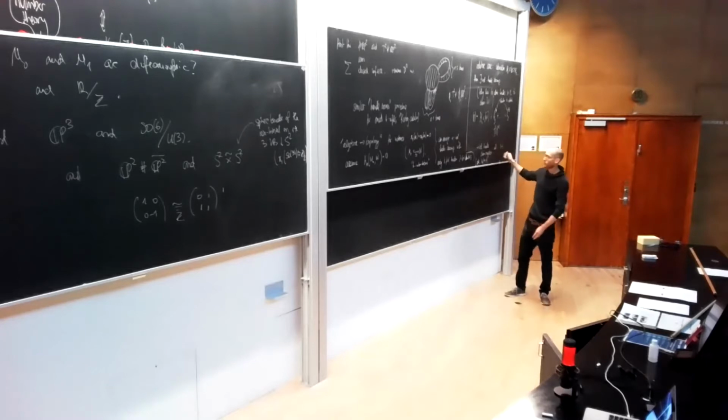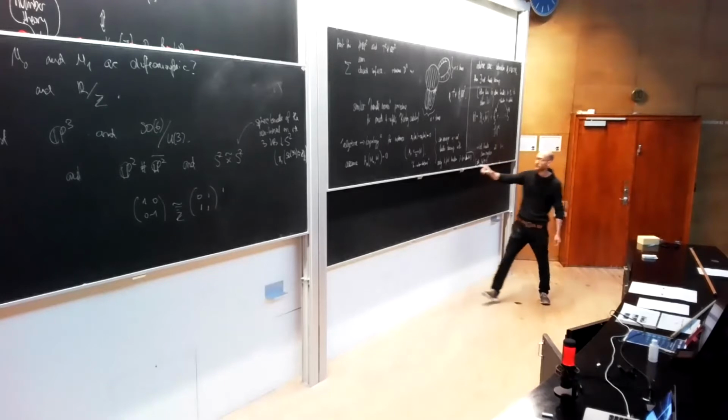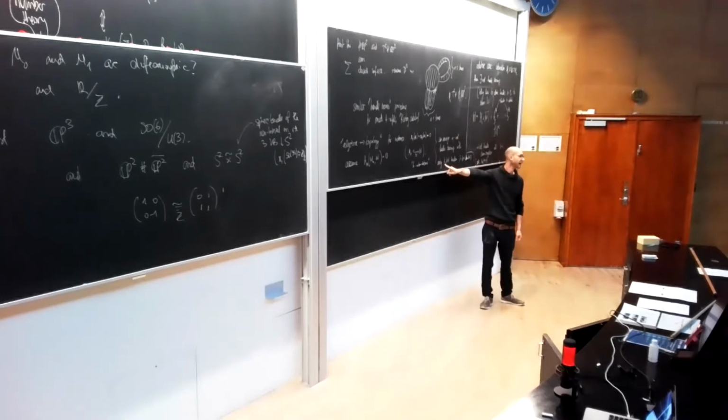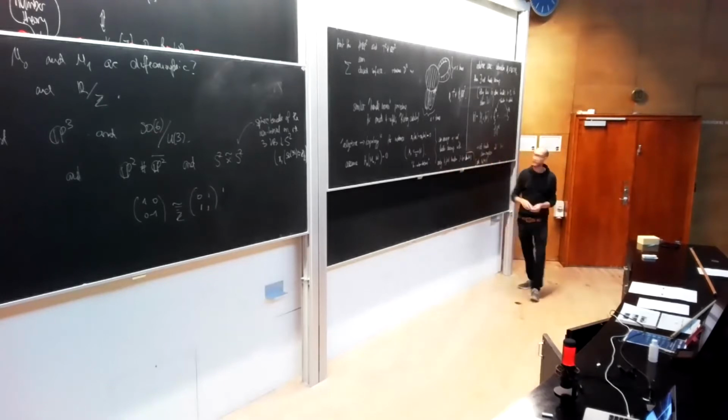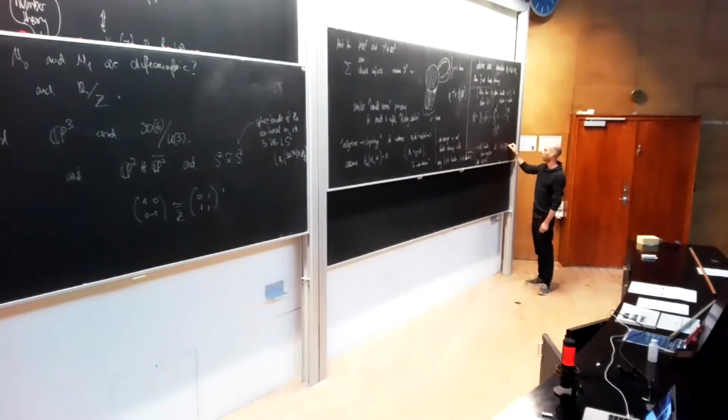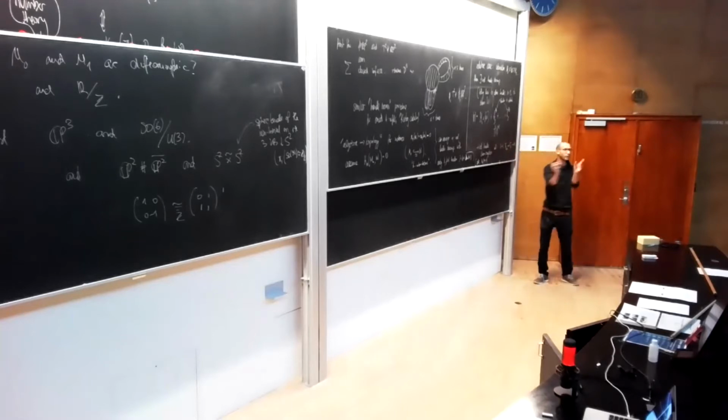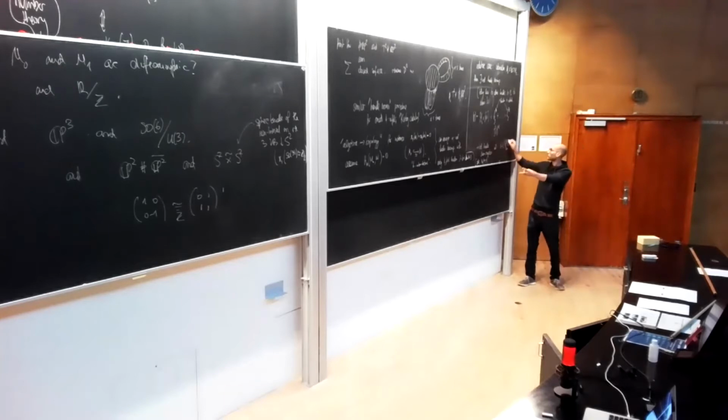So the idea is that it will only consist of two modules, according to how many k handles we have. So there will only be k and k plus 1 handles. So the chain complex will only be in two adjacent degrees, but there is no homology. So that just means that the differential here is an isomorphism, because there's no homology.